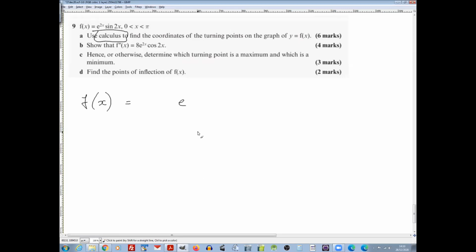To find turning points of the graph y equals f of x, if we differentiate e to the 2x sine 2x, we could pass that as e to the 2x times 2.